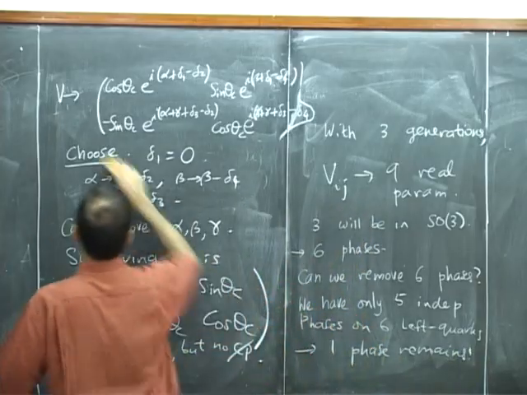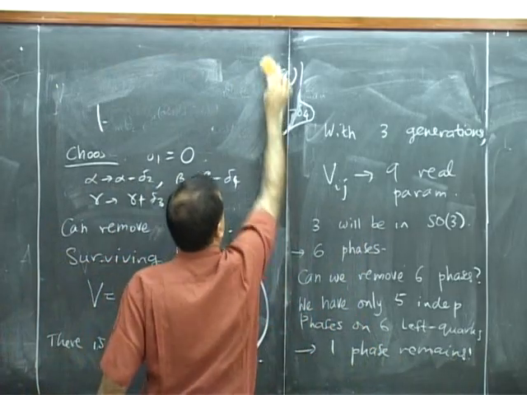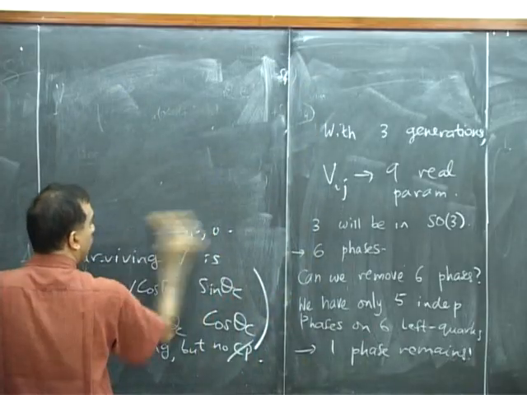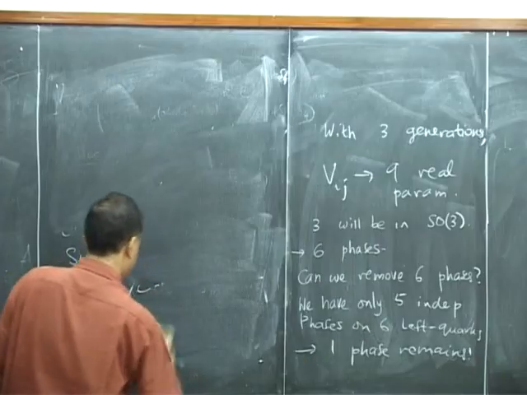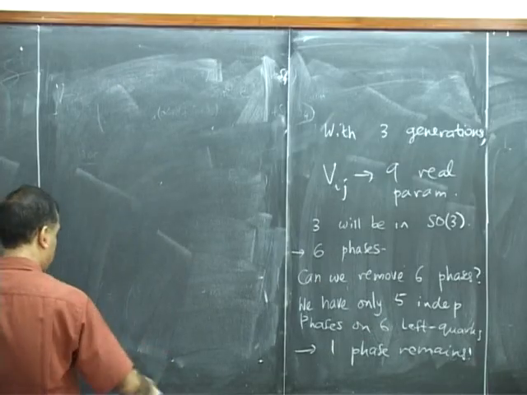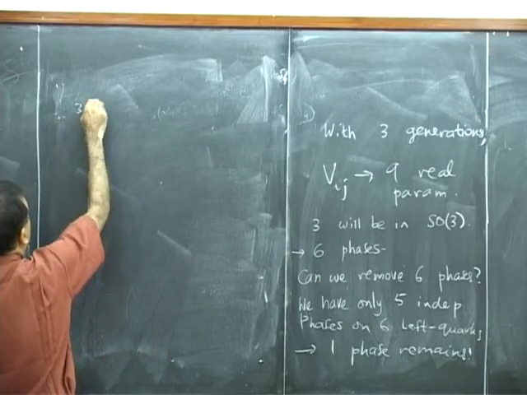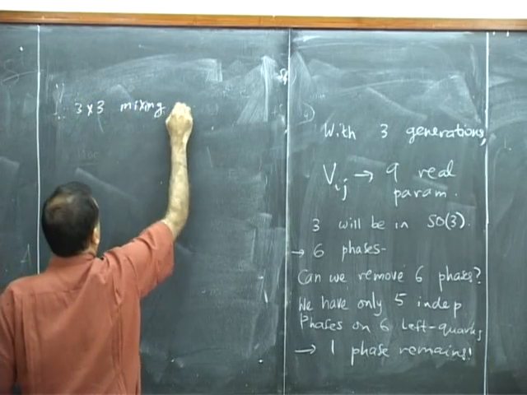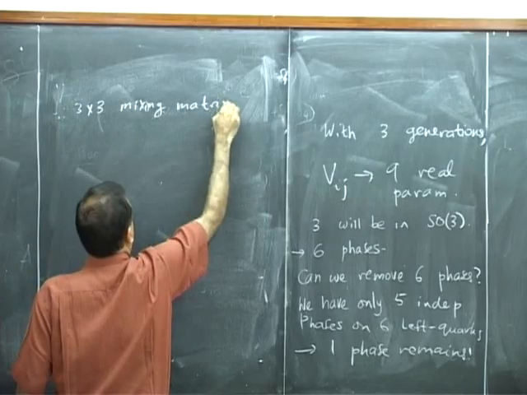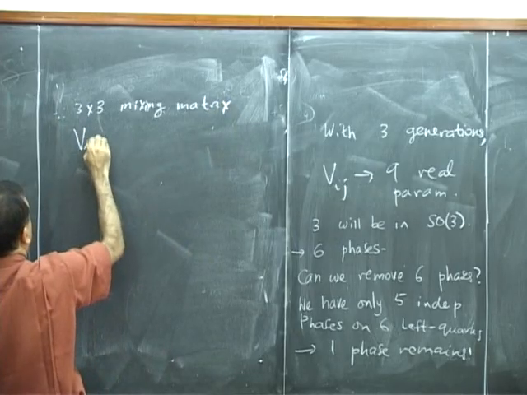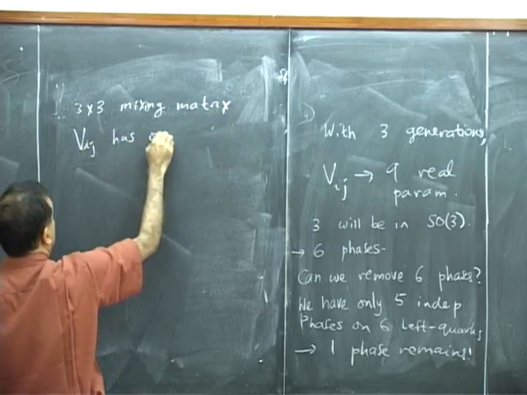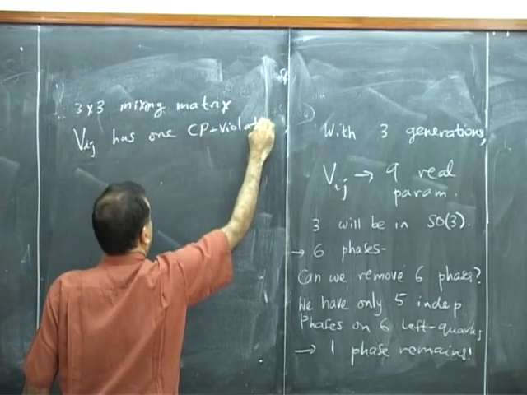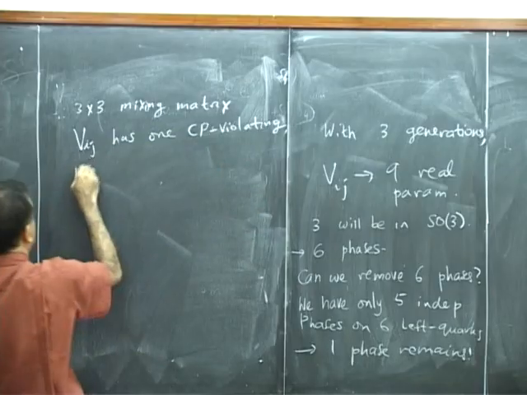And therefore, we conclude that the 3 by 3 mixing matrix has one CP-violating phase.